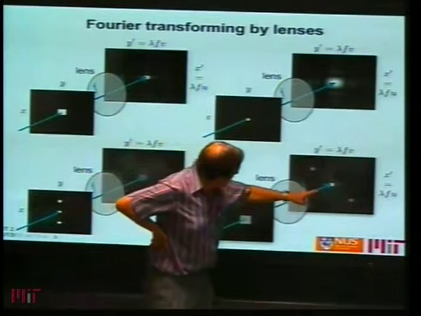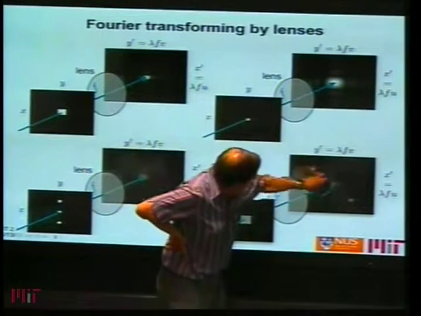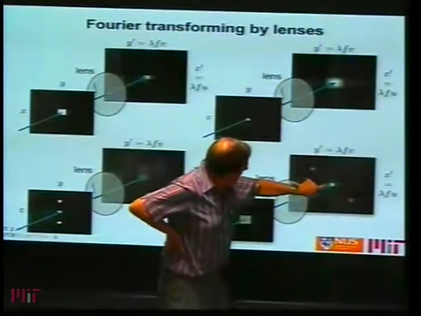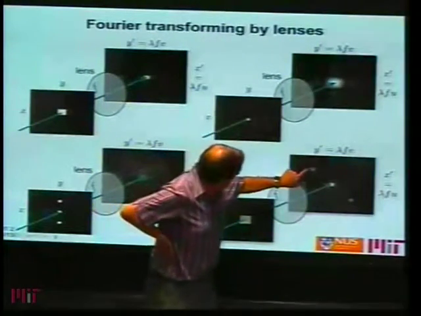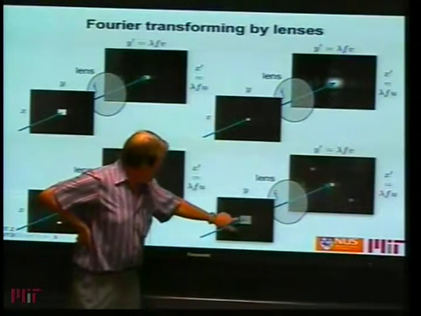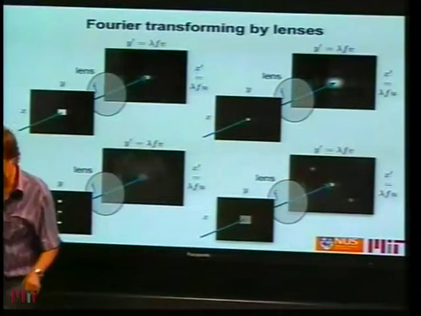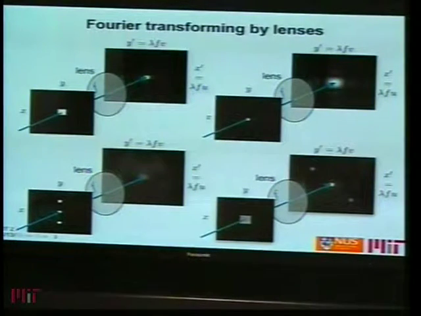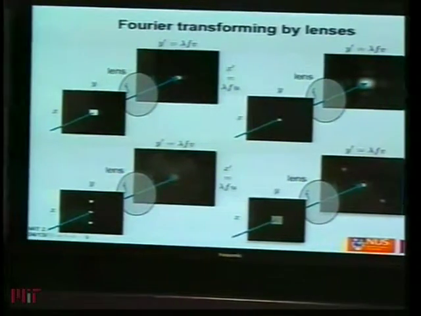And that's what we see. We see three of these diffraction patterns situated on these three spots corresponding to the Fourier transform of that grating. Right, so very nice display, that one. I like that one.